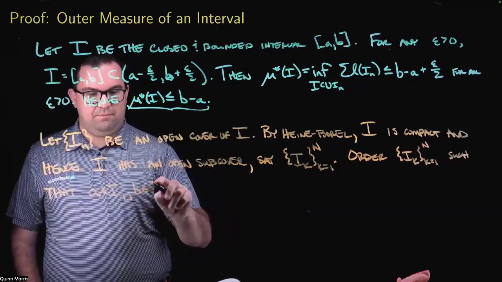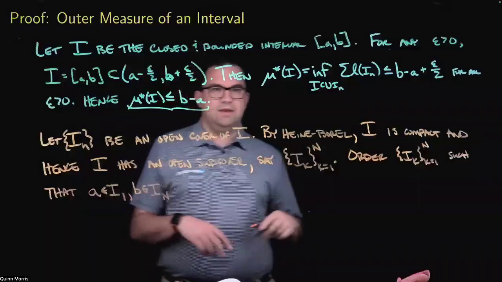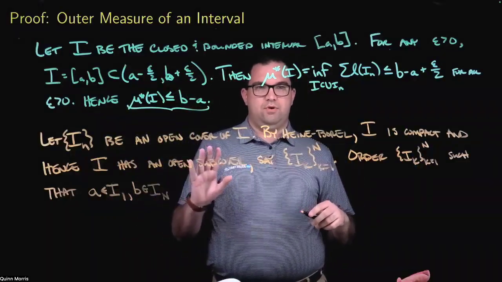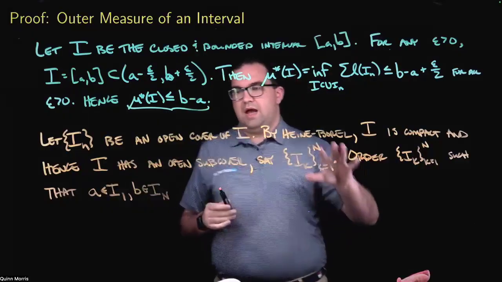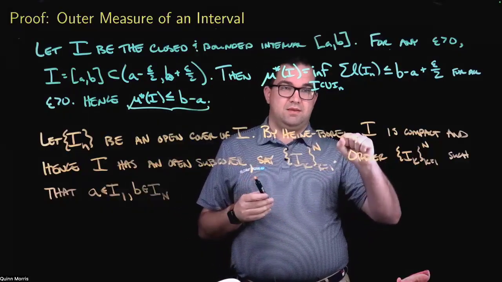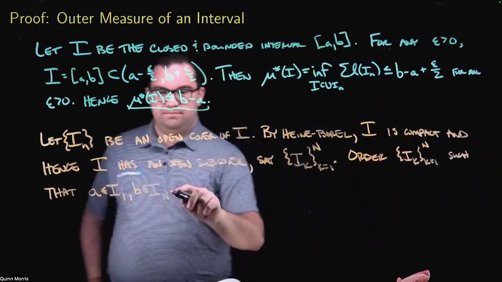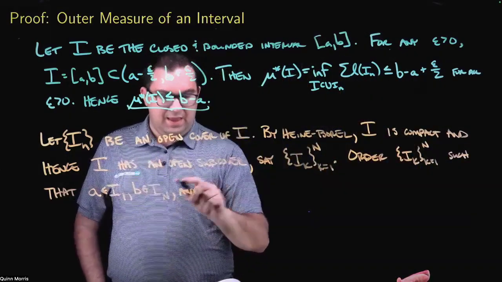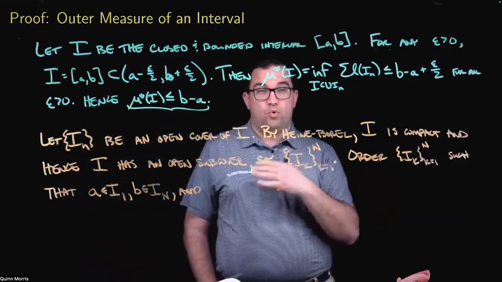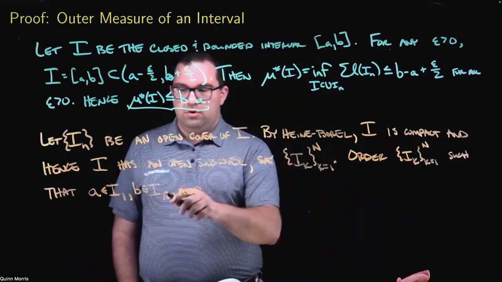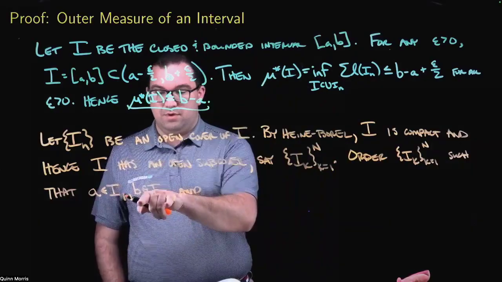I want the right endpoint B to be in I_N. So basically, I want the left endpoint of the interval to be in whatever the first thing in your subcover is. I want the right endpoint B to be in whatever the last interval in your subcover is. And then I want to order the rest of them. One way to think of this is I want to order them from left to right. So this gives me the leftmost thing. This gives me the rightmost thing.